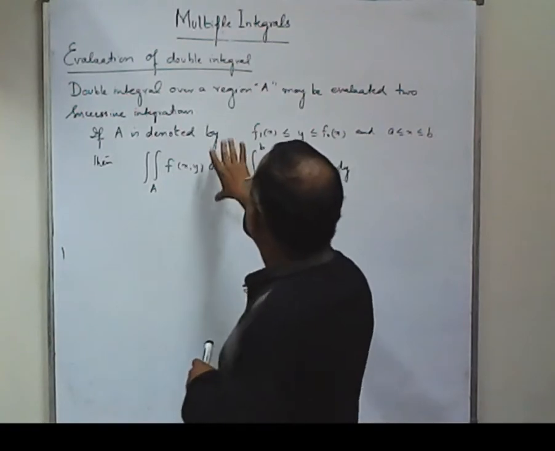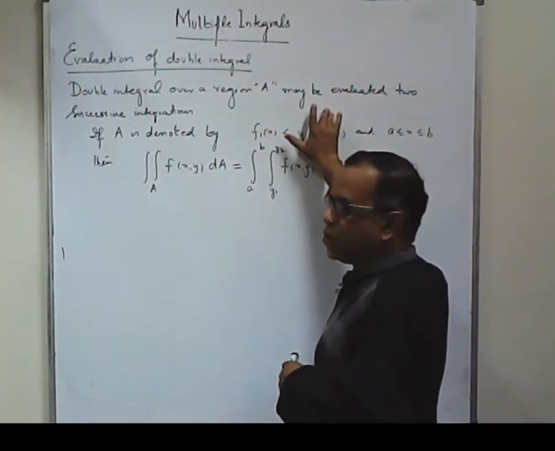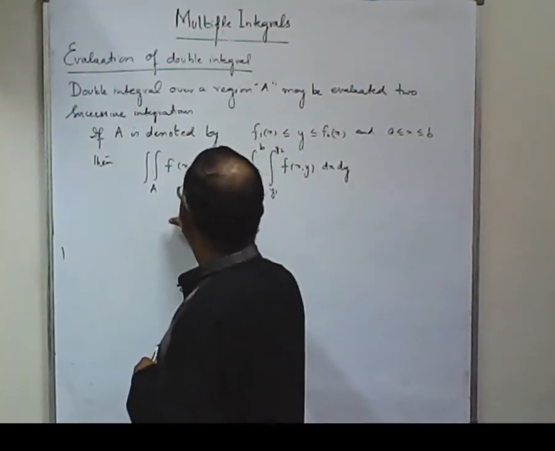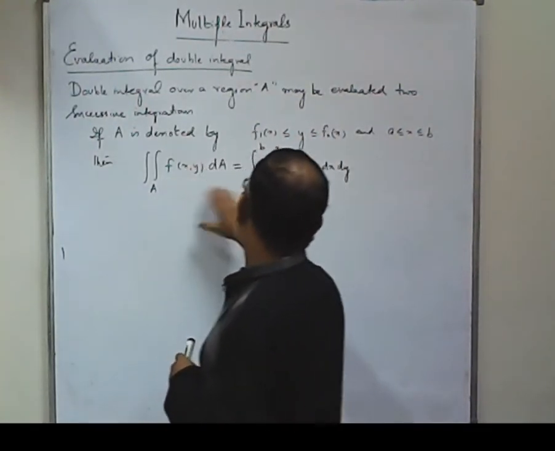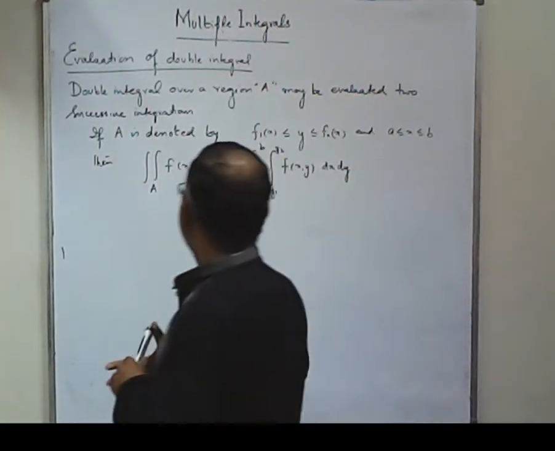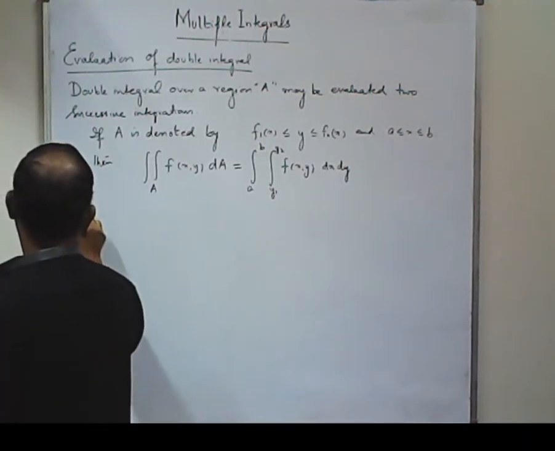Means if we are integrating over any region, let that region be denoted by A, then the function of two variables will be denoted by x and y, and we have to integrate with respect to x and with respect to y.